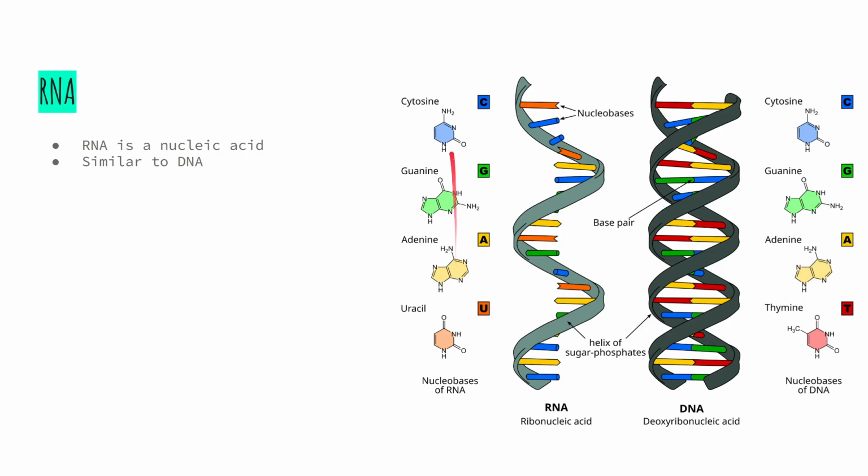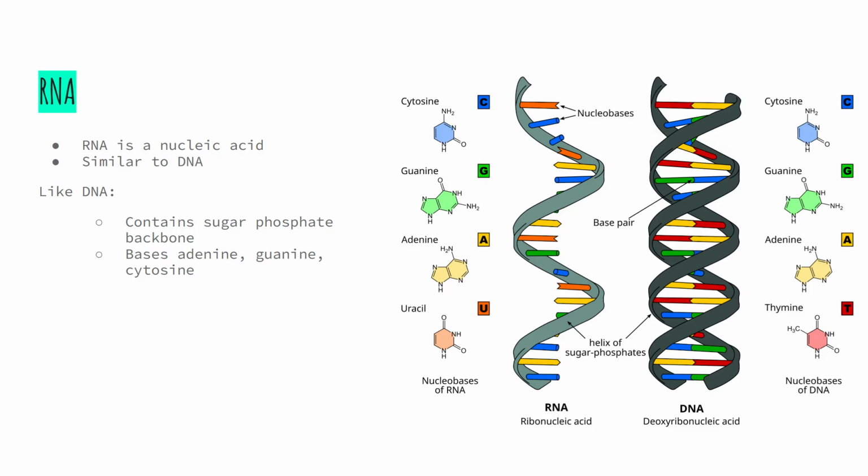We can also see the bases present for the RNA on the left. Like DNA, it does have a sugar phosphate backbone. However, it is only one strand. So because of that, it does not have the helix-like shape. This image is showing it.